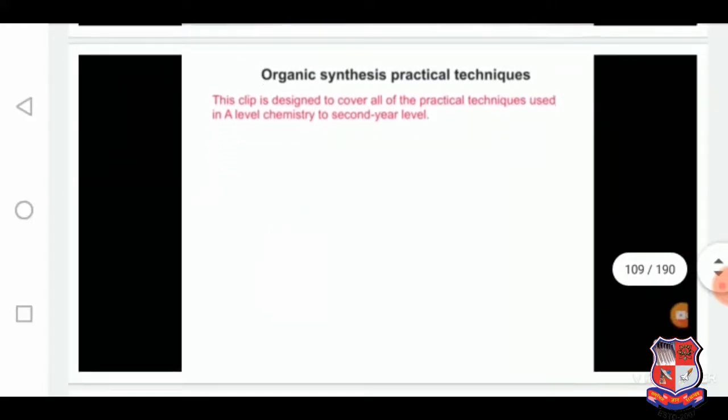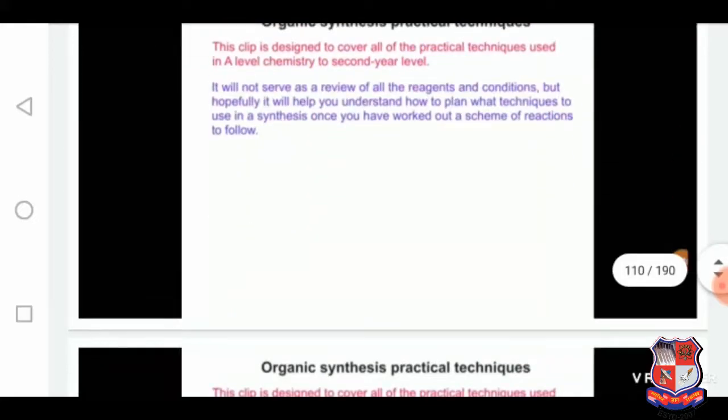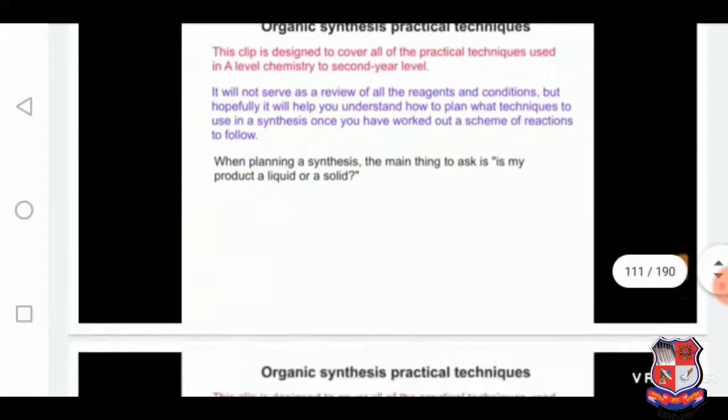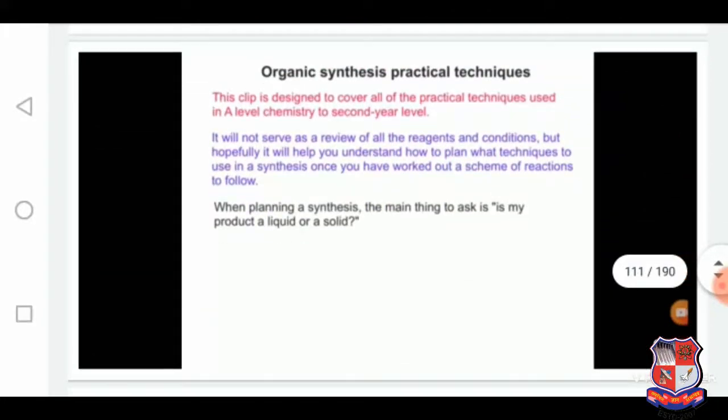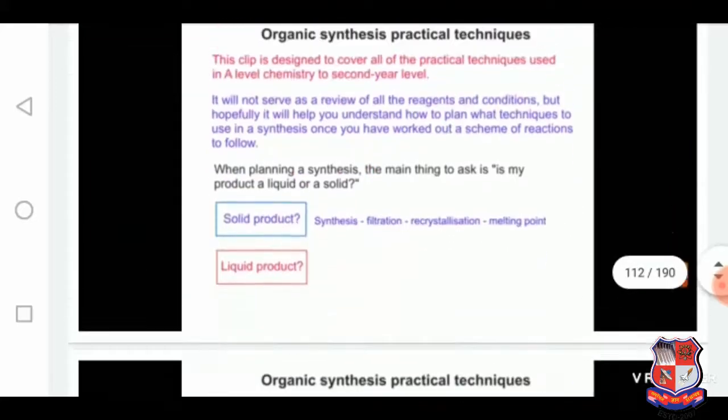Now here we are moving towards organic synthesis, some practical techniques. In the planning, we have to consider one question: is my product a solid or liquid?